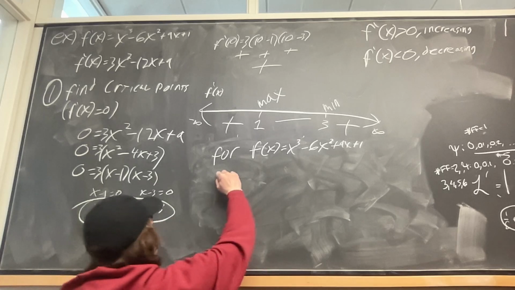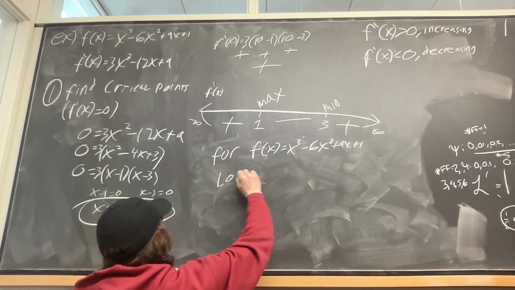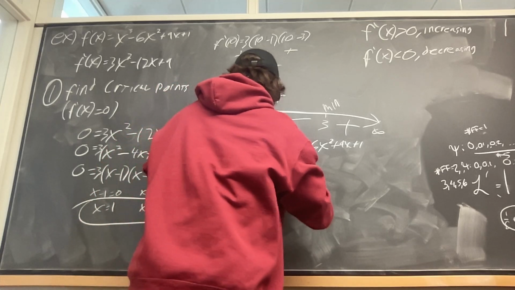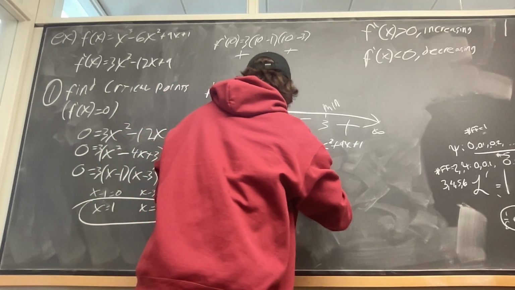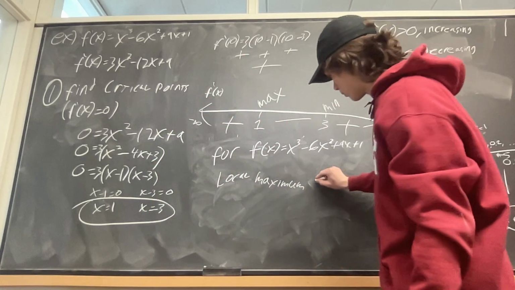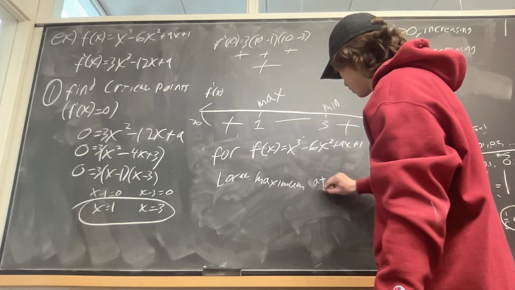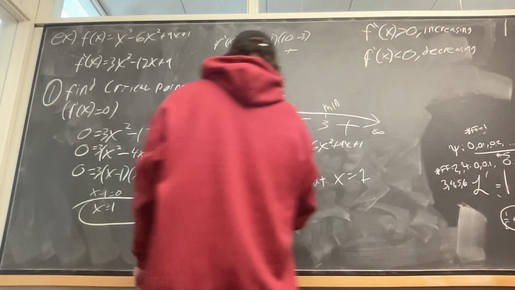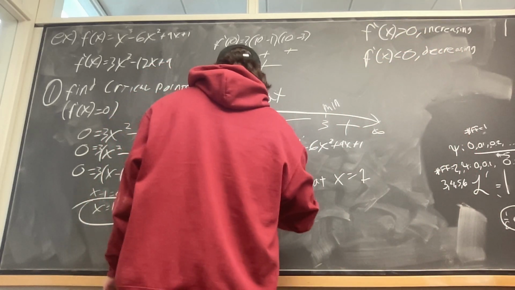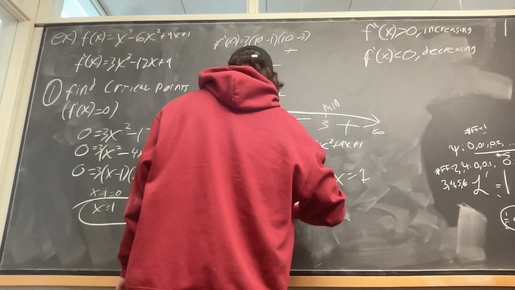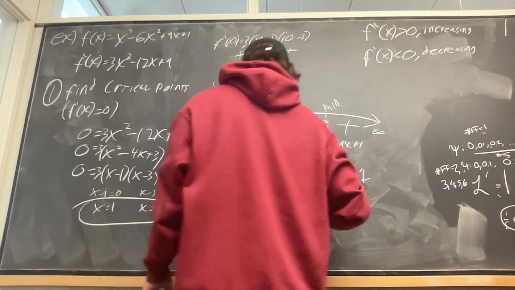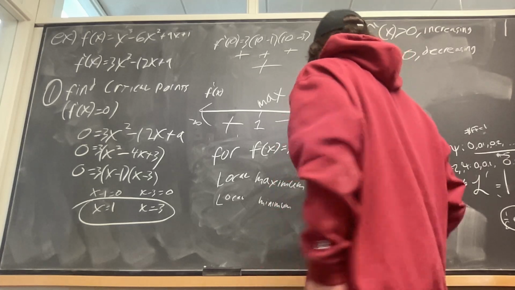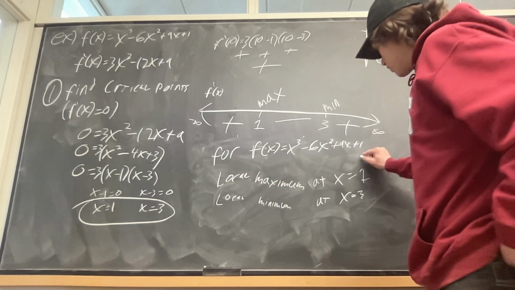We have a local maximum at x equals 1, and we have a local minimum at x equals 3. And that's our final answer right there.